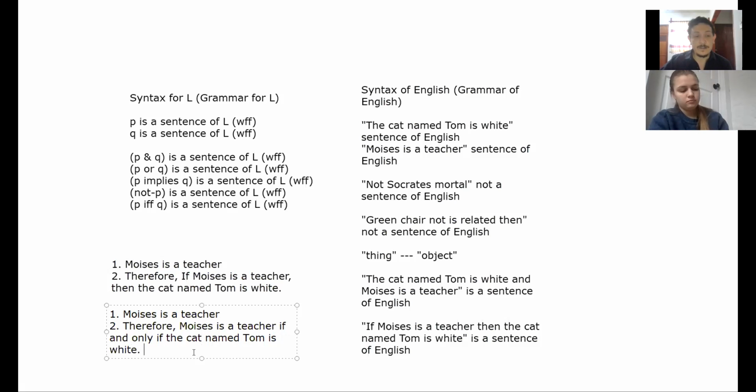So this is another argument. Just let me put it clearly here, just in case someone might get confused that I'm saying that this follows.